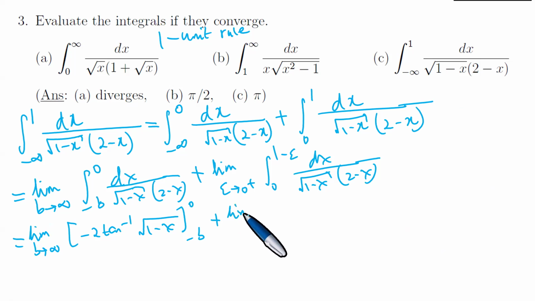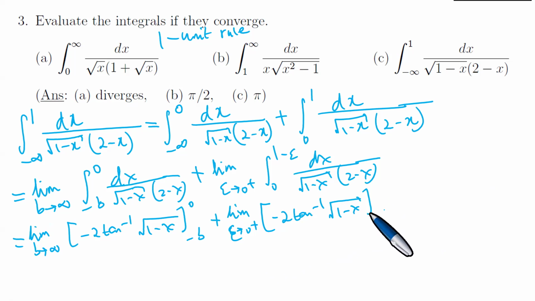And then you have the limit as epsilon approaches 0 from the right of minus 2 arctan of square root of 1 minus x, from 0 to 1 minus epsilon.